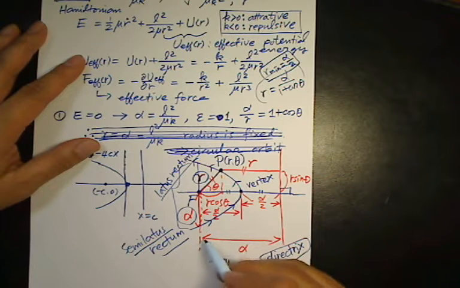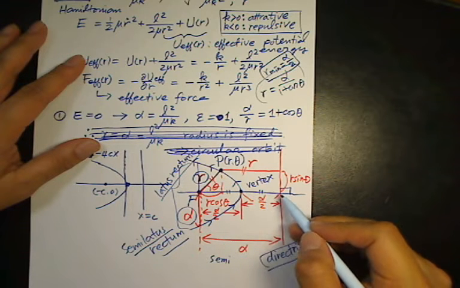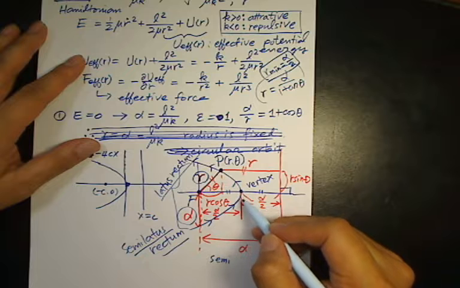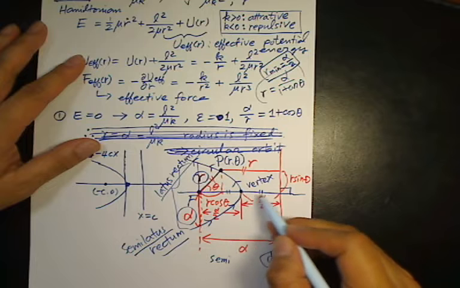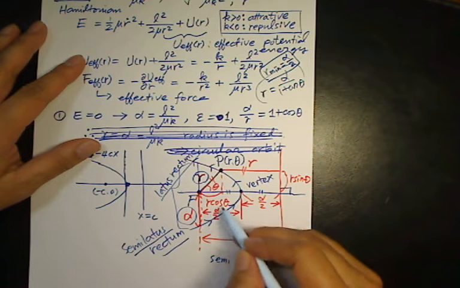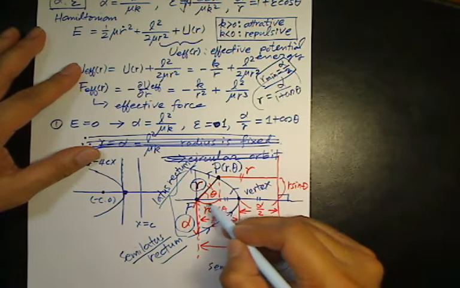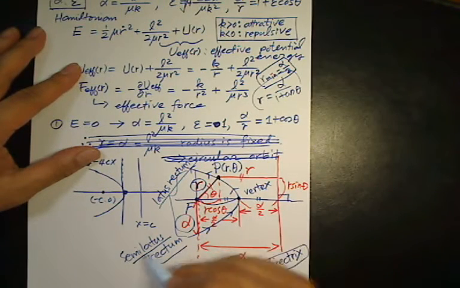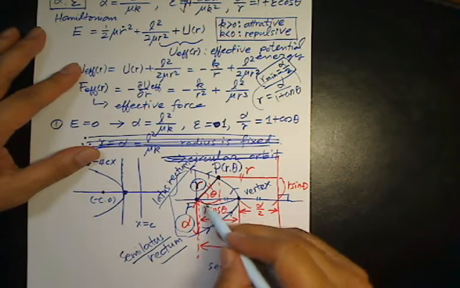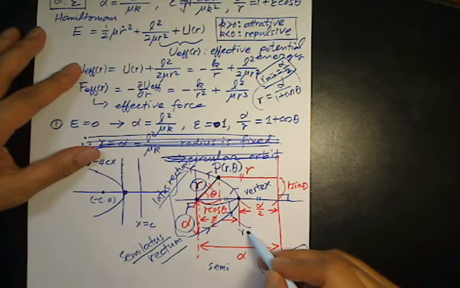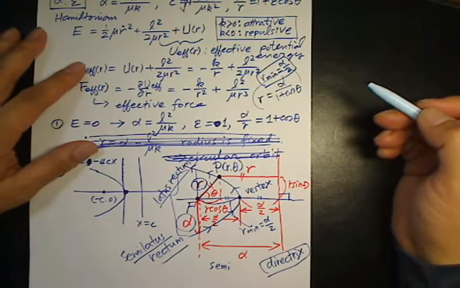In addition, this vertex is in the middle of focus and directrix. So the vertex is placed at the center of this alpha. Therefore, this distance is half of the semi-latus rectum. That's the reason why we have obtained r minimum. This is the r minimum. It is approaching and becomes minimum and goes far away. The r minimum is half of the semi-latus rectum.